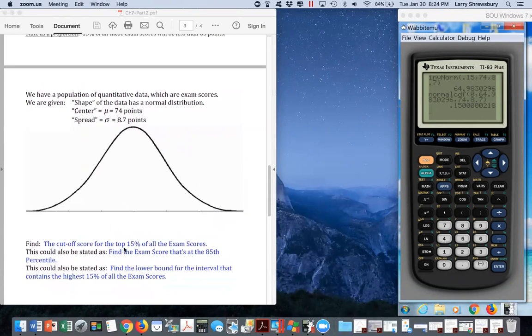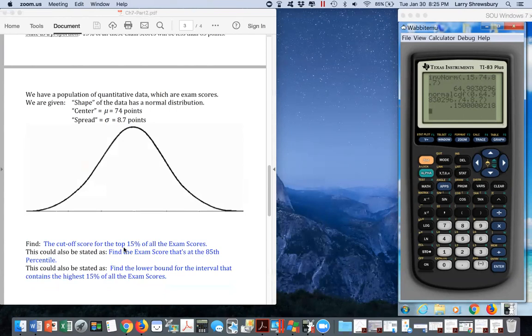Well, let's suppose that this is very interesting to you, because let's suppose you're going to be taking this test and you find out that whoever gets in the top 15% of their scores, those students get a nice piece of chocolate. It's like, oh, I wonder if I'm going to be in the top 15%. Hey, I wonder what the cutoff score is, because you got to get at least that score in order to be into that privileged top 15%.